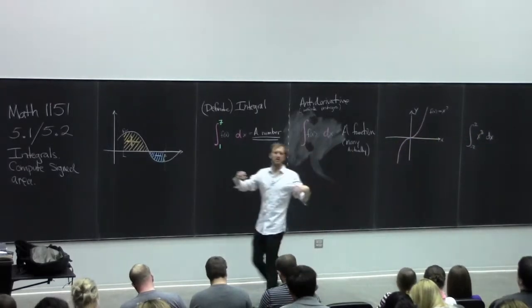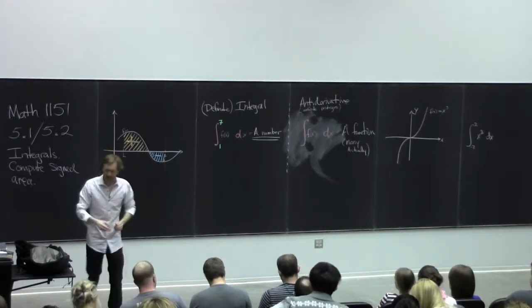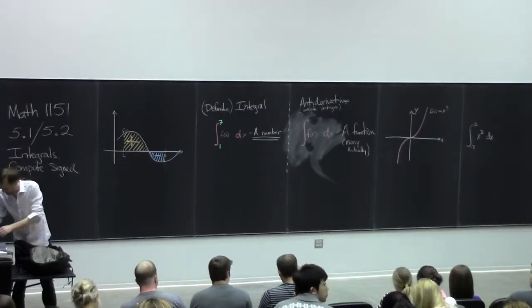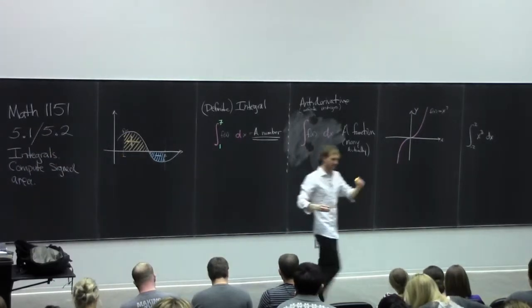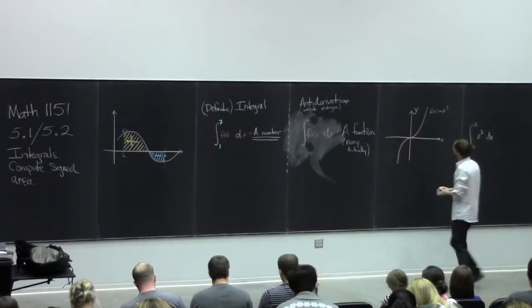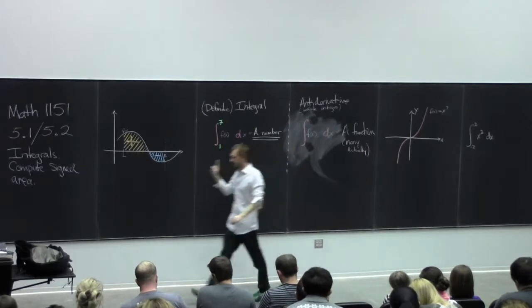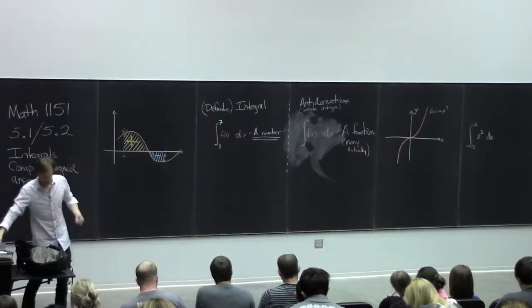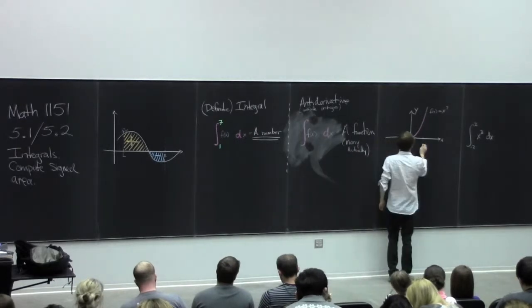This computes the signed area between x cubed and the x-axis. Now, I'm going to try to be consistent. Blue is negative, and orange is positive, obviously, right? So I need some limits of integration here. I forgot the chalk. There it is. Okay, I'm going from -2 to 2. Okay, great. This is 2.